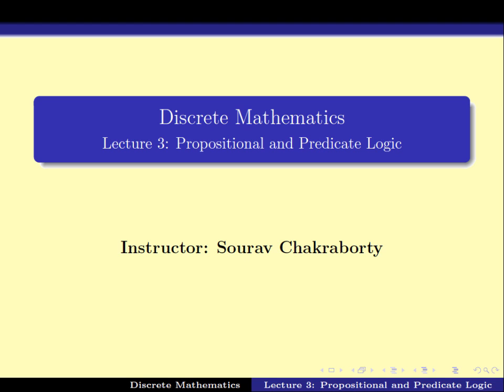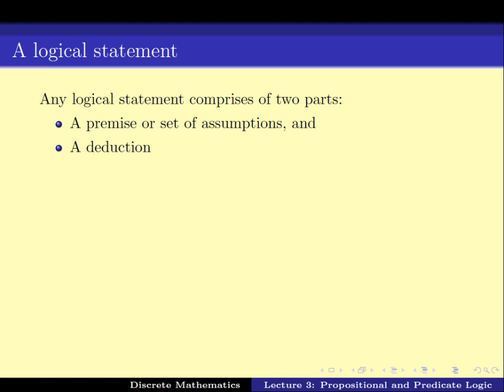To start with, let us consider any logical statement. You can think of a theorem, for example. It comprises of two parts. First part is a premise or a set of assumptions, and the second part is a deduction.